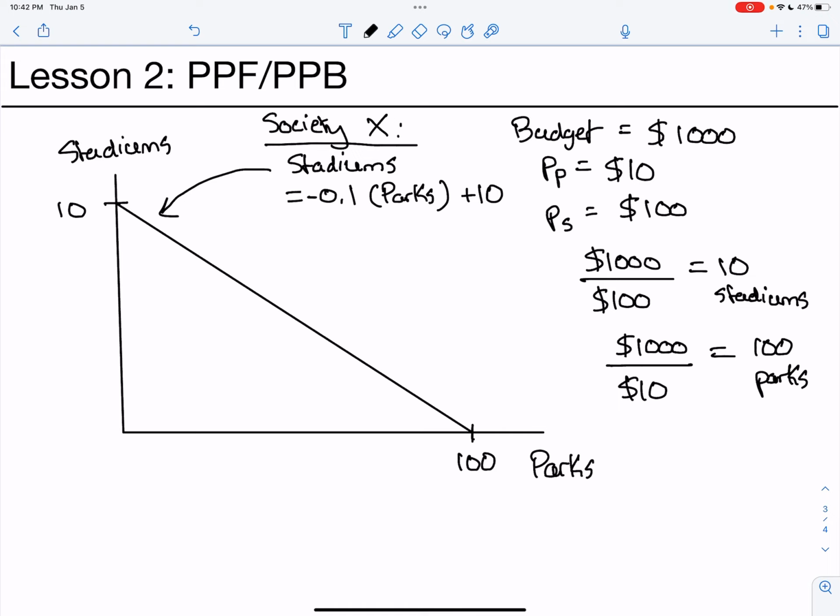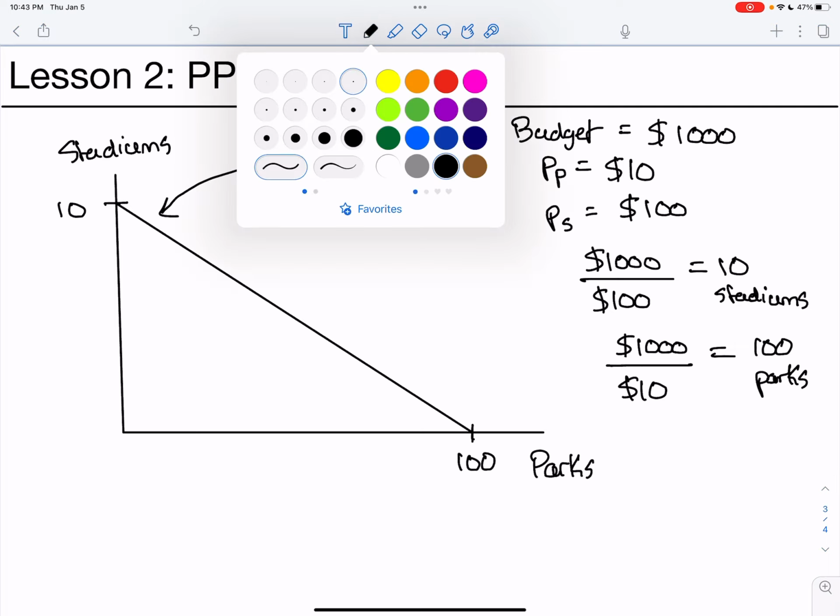Actually, sorry, before getting there, let's talk about why this is downward sloping. It's downward sloping for a very simple reason. When you have a budget, spending more on one item will cause you to have less money to spend on the other item. So if you're spending all your money on stadiums and getting 10 stadiums, will you have more or fewer stadiums if you decide to build more parks?